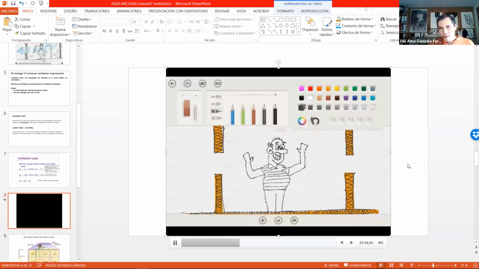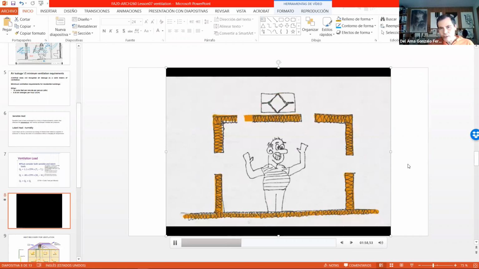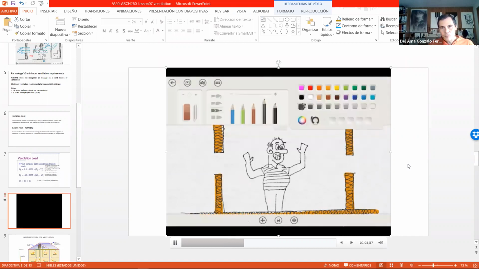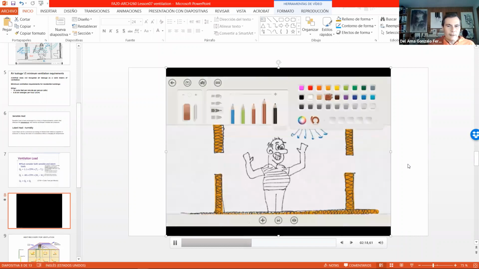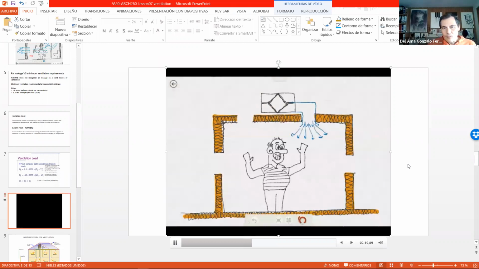But we need the duct work. The problem with this mechanical ventilation and the heat recovery is that it complicates our design process because we have to create ducts and grills because we need to lead the air from some place to a different place. Okay, so this is the supply air, and then we have the return.